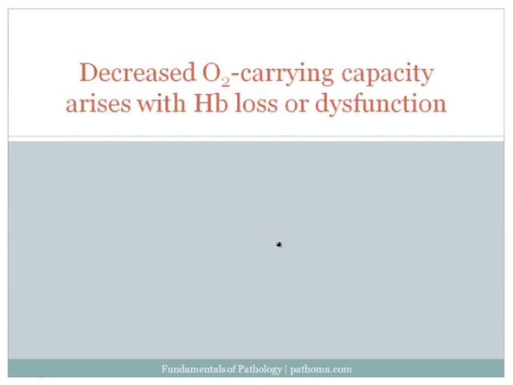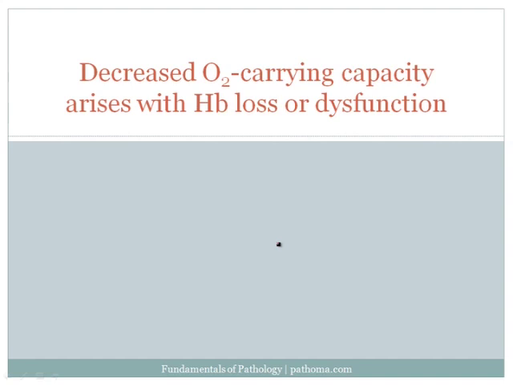A third way by which hypoxia occurs is to have a decreased O2 carrying capacity within the blood. In order to understand this, remember that the dissolved oxygen within the blood actually enters the red blood cell and then binds hemoglobin. It's hemoglobin that has the role of carrying oxygen to the tissues and eventually unloading it at the level of the tissues.